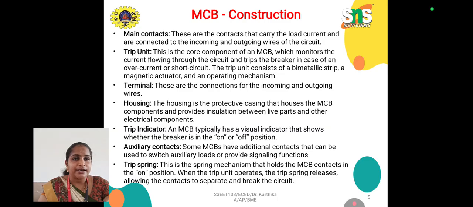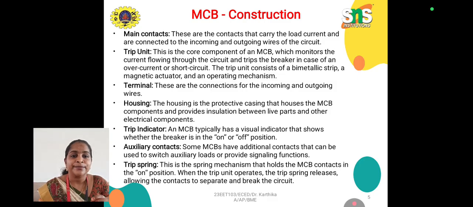The trip unit is the core component of the MCB which monitors the current flowing through the circuit and trips the breaker in case of an overcurrent or short circuit. Terminals are used to connect the incoming and outgoing wires. Housing is a protective casing and provides insulation between live parts and other electrical components.